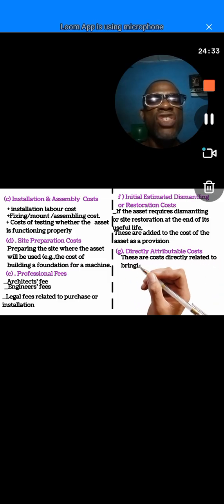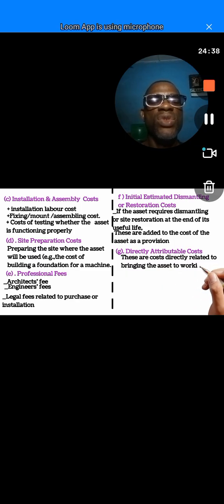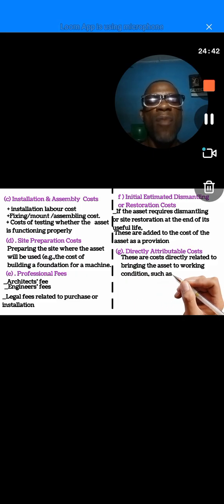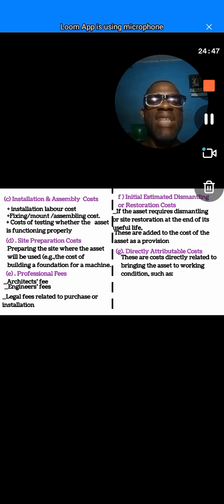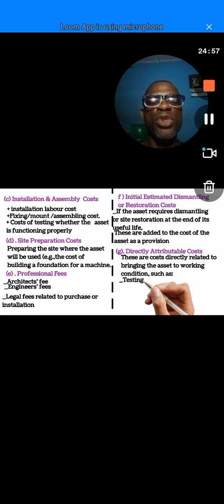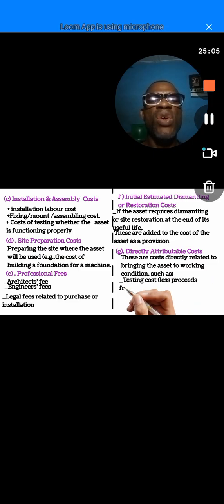These are costs directly related to bringing the asset to working condition. An example is the cost of testing the asset to see whether it is functioning properly. And by the time the testing is done, probably some output must have been produced. And the actual cost of testing is the cost of testing minus the cost of output produced.